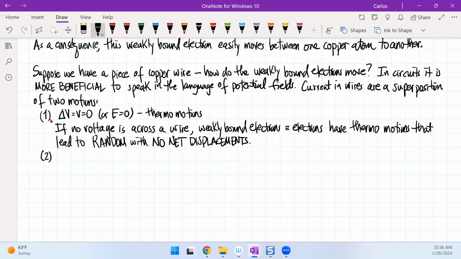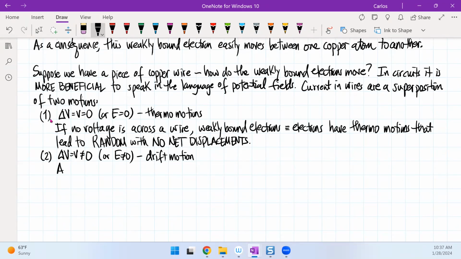In order to have motions, the voltage cannot be zero. Now we call this drift motion. So then, here we go.